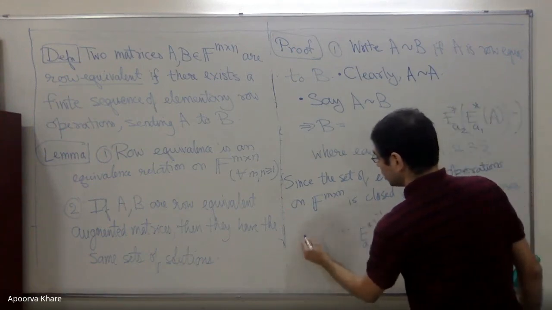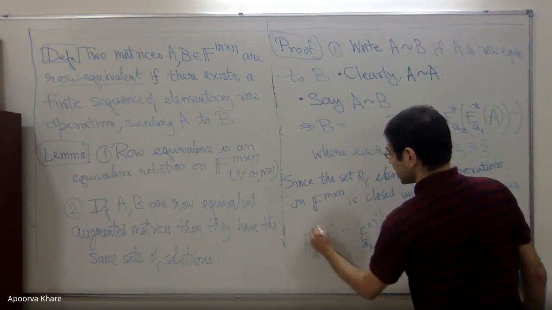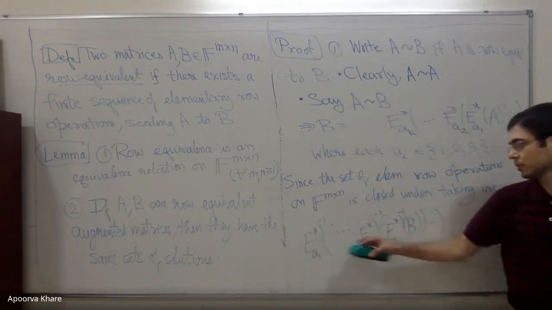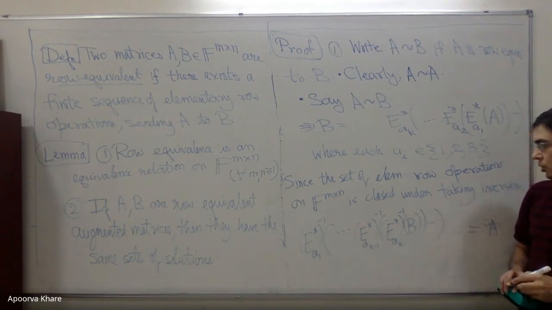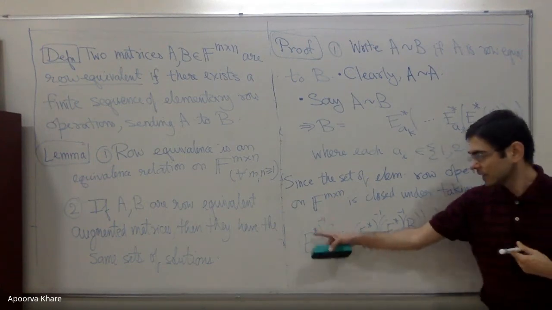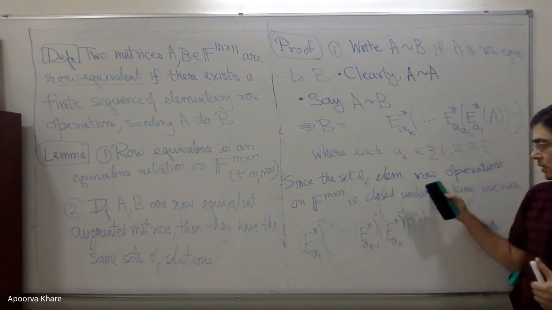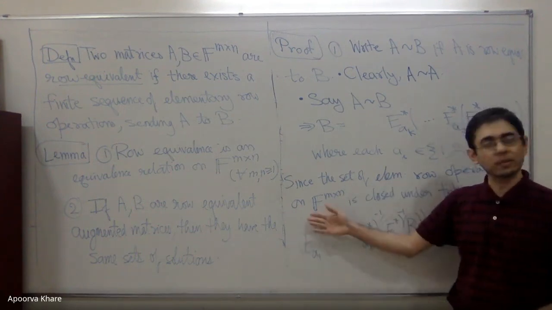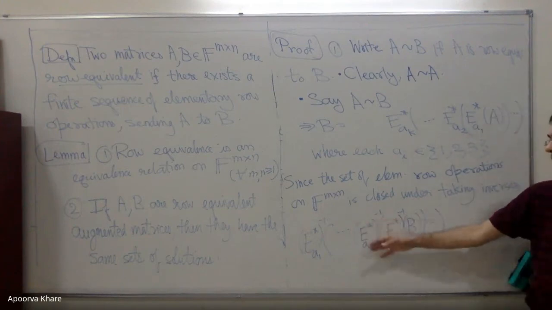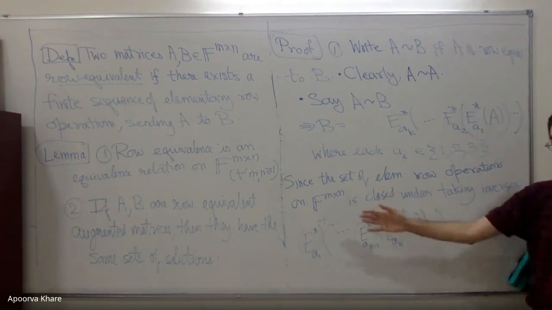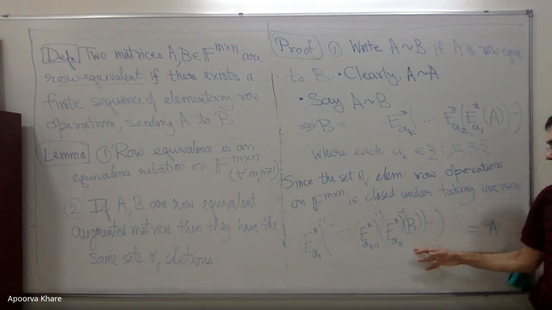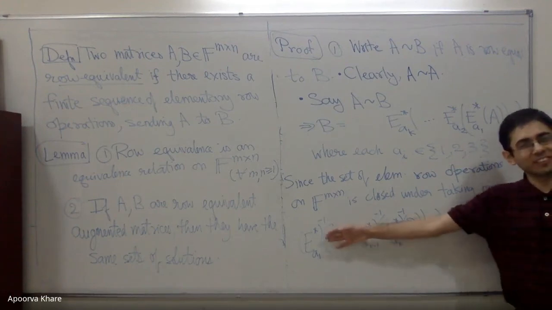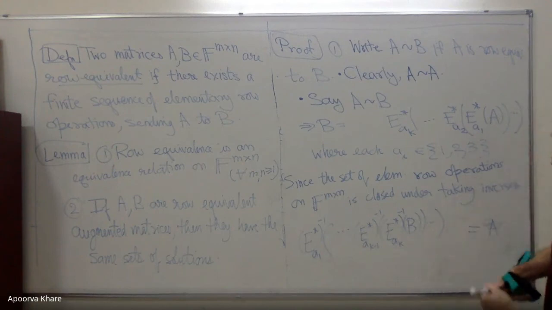And finally you do the inverse of E_{a1} applied to the inverse of E_{a2}, and so on. So you take all these row operations, but each of these inverses is also a row operation. If this is E3 of something, then the inverse is also E3 of something. If this was E2 of something, then its inverse is also E2. So every one of these is still an elementary row operation. And so you get to the matrix A by applying finitely many elementary row operations from B.